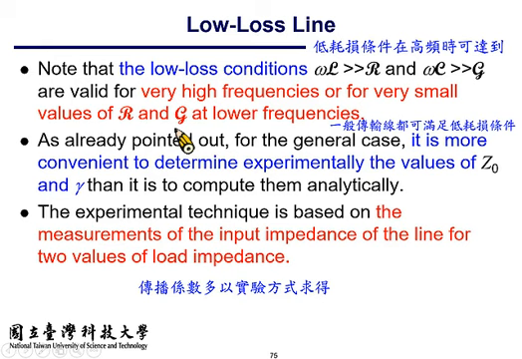Then the low-loss condition can be satisfied. As we already pointed out, for the general case, it's more convenient to determine experimentally the values of Z sub 0 and the propagation constant gamma, rather than computing them analytically.